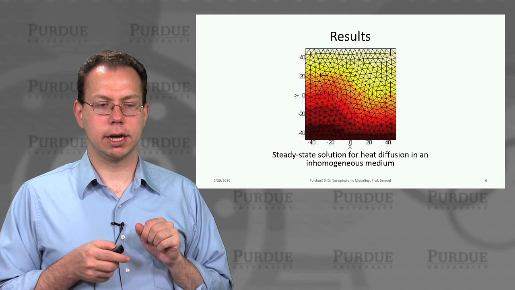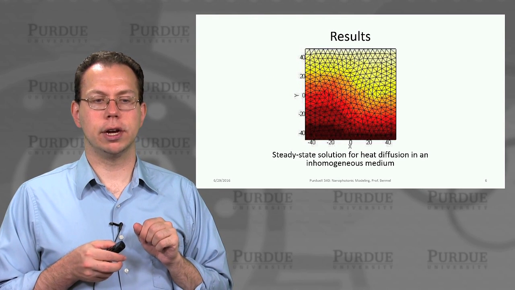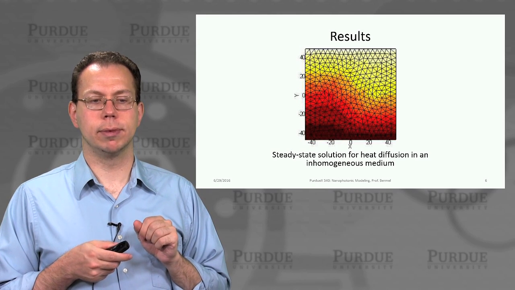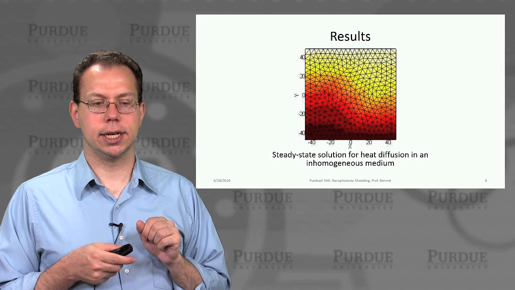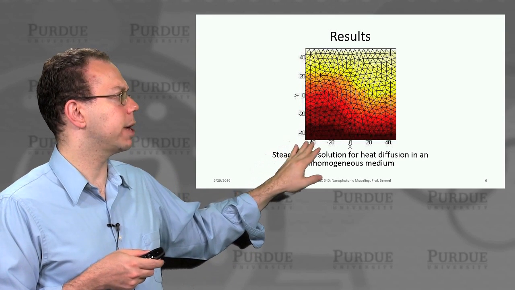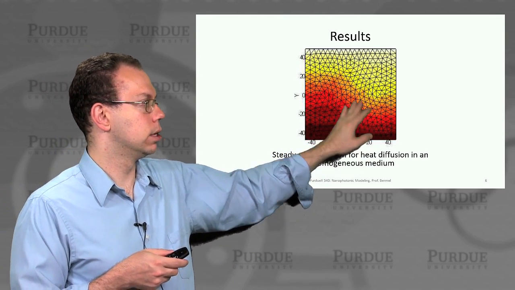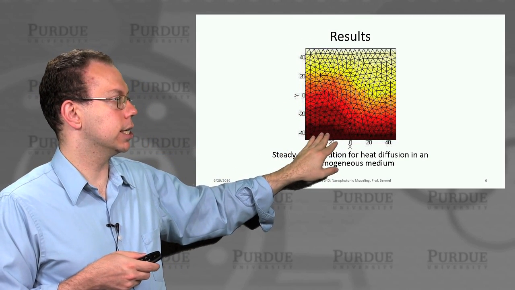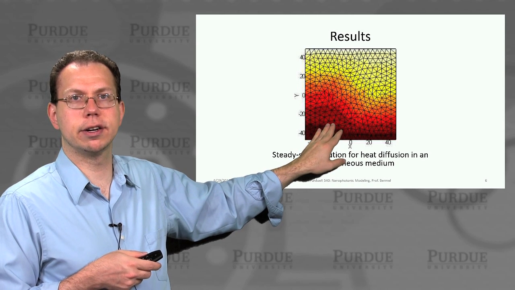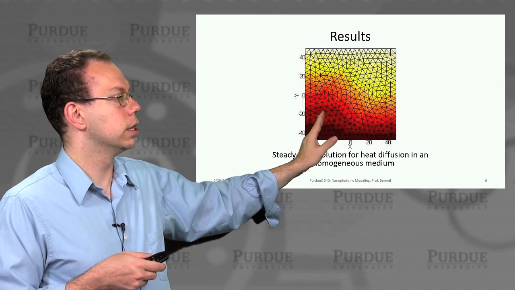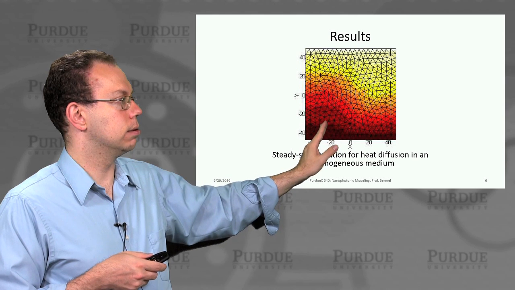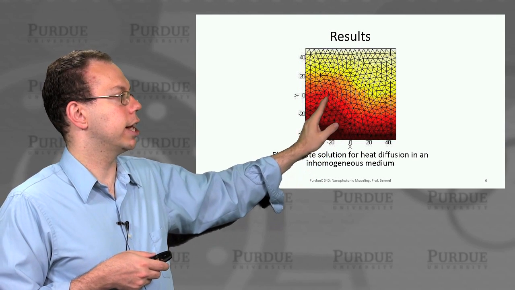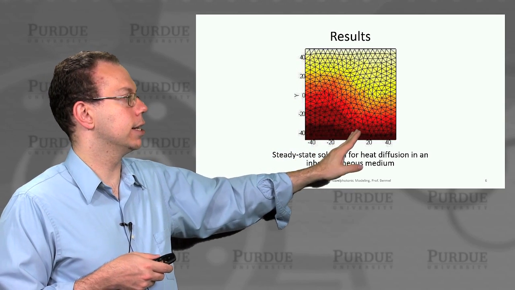And then just as another example, here we have an inhomogeneous medium as opposed to a homogeneous medium. This is creating some sort of boundary condition on the top and bottom, which are all uniform. But what's interesting is because it's inhomogeneous, you have regions of higher and lower thermal conduction, or if you think about it in microscopic terms, maybe there are air gaps or whatever, then you have higher conduction over here on the left-hand side than on the right.